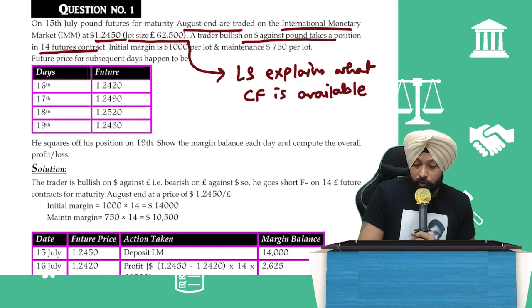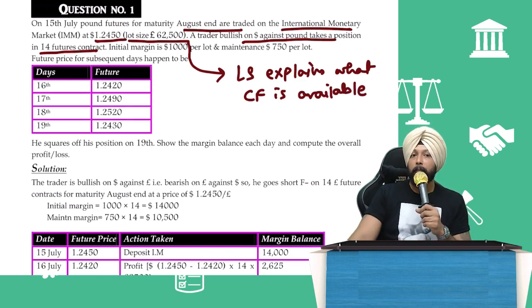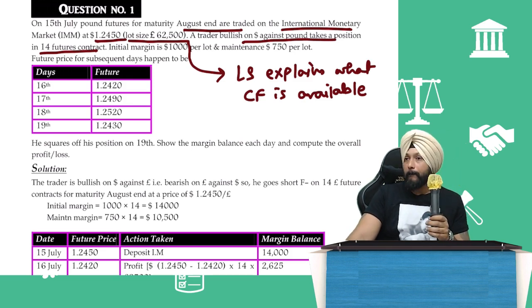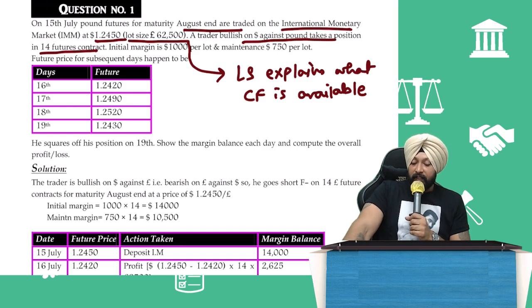If it is a pound future, then lot size will be given in pound. So in this case, anyways, they have been very clear with their language that pound futures are available. But if they do not specify also, I can look at the lot size and decide what futures are available.